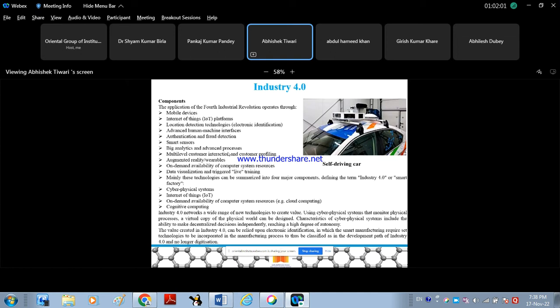The value created in Industry 4.0 can rely upon electronic identification, in which smart manufacturing requires said technologies to be incorporated in the manufacturing process to be qualified as on the development path of Industry 4.0 and no longer digitization.